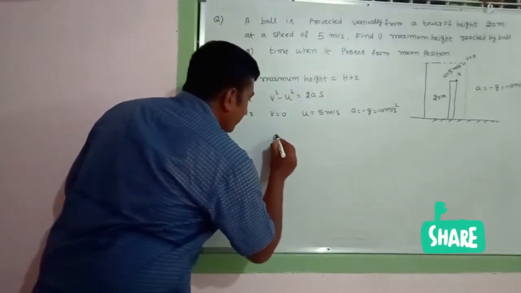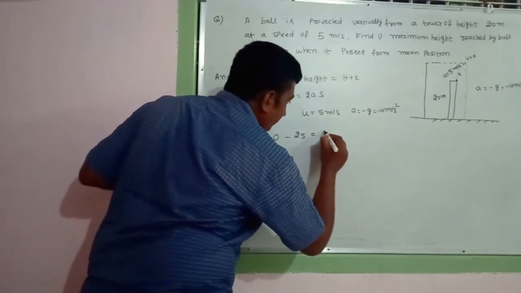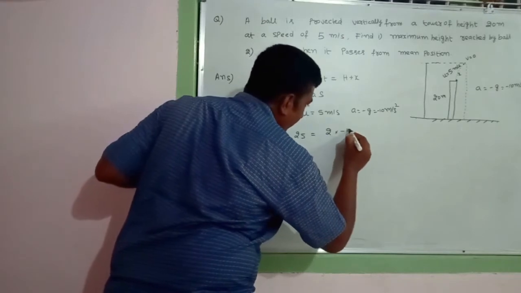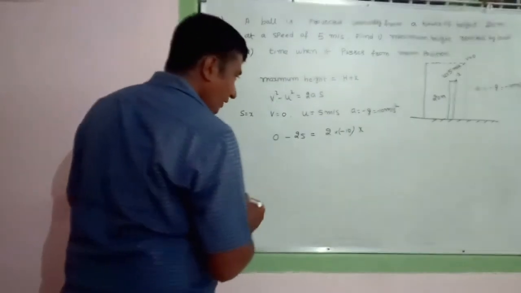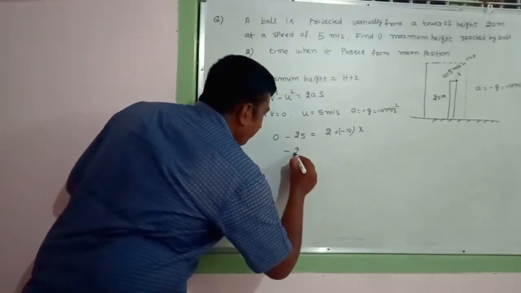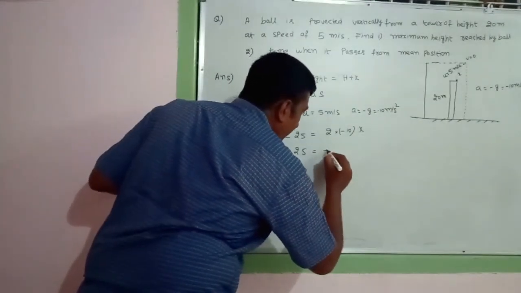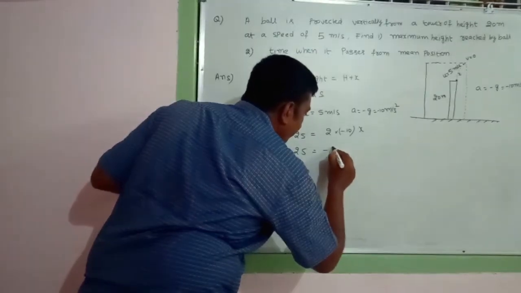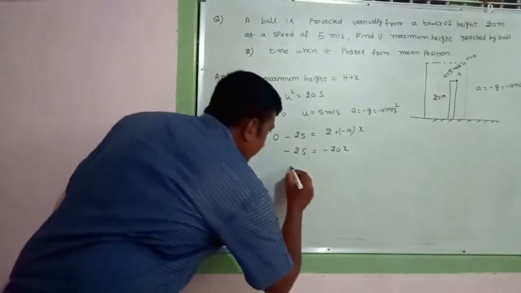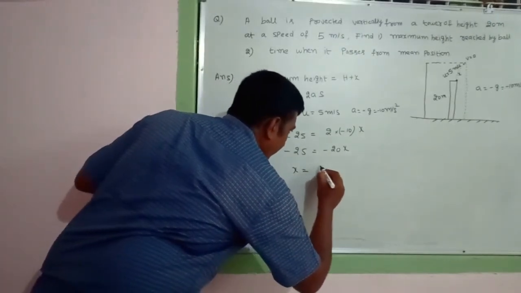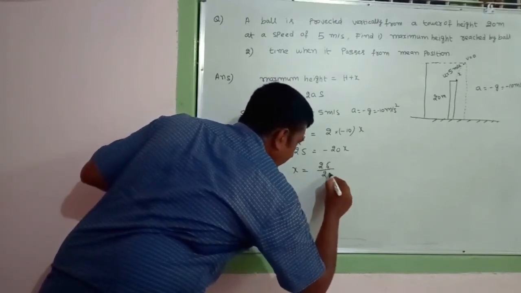So 0 minus u square, which is 25, equals 2 into minus 10 into x, that is minus 20x. So x equals minus of minus, plus, 25 by 20.